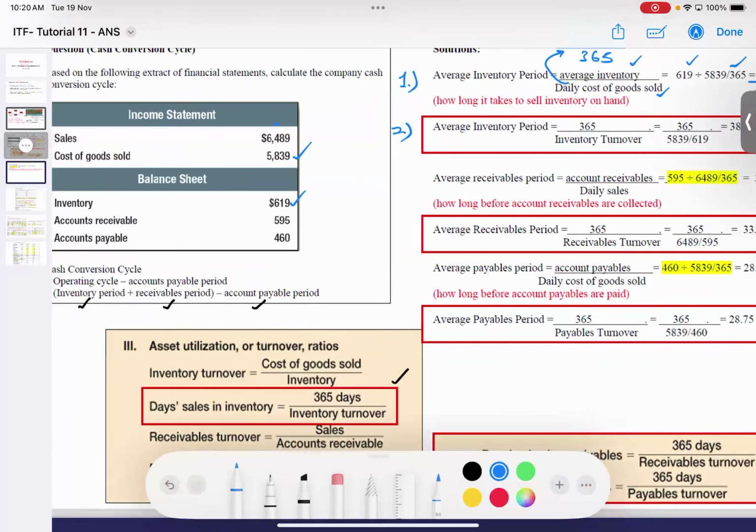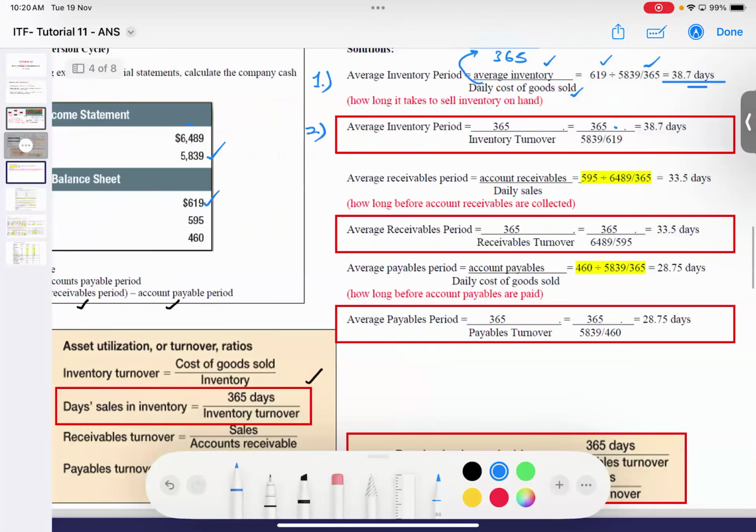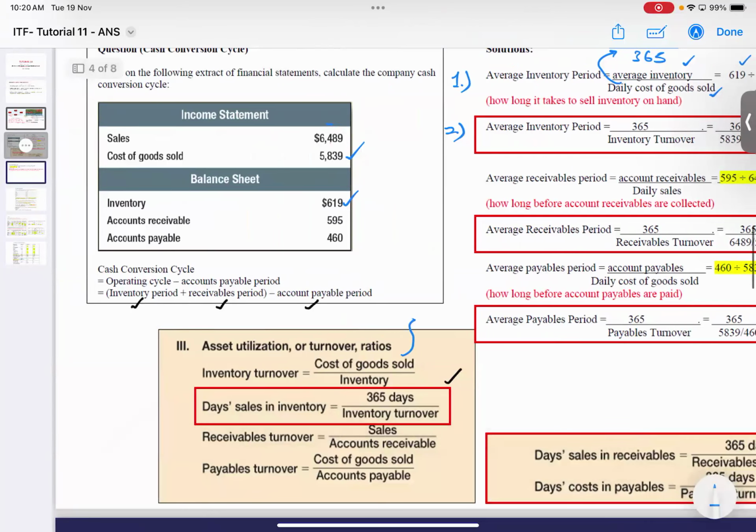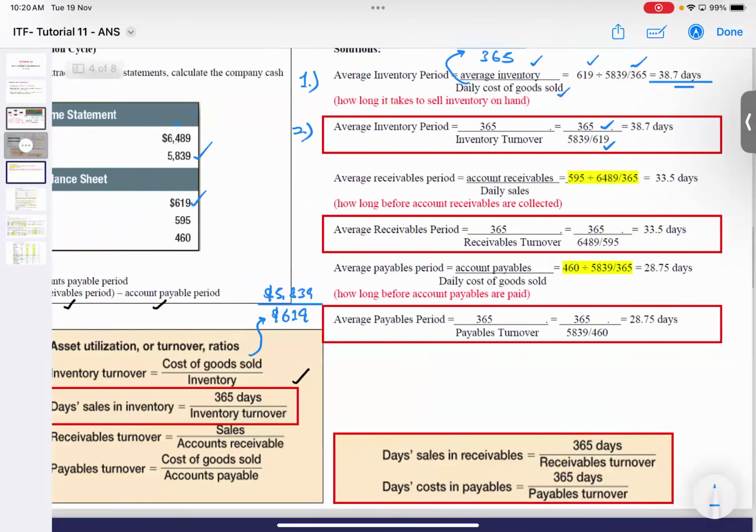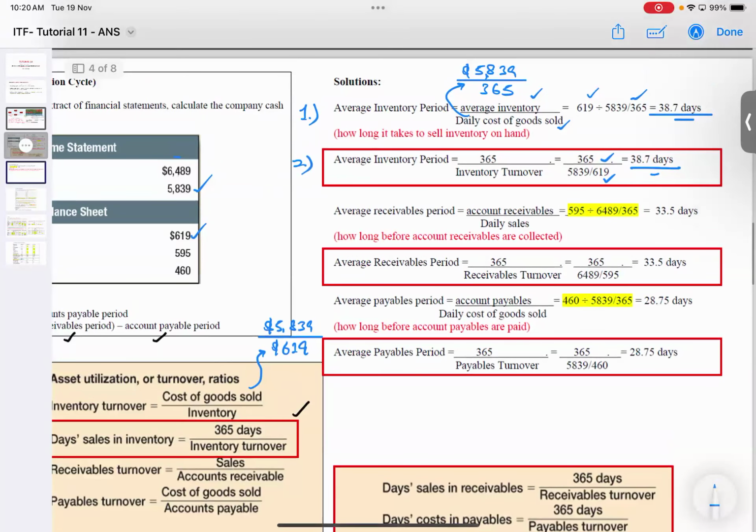You use 365 days divided by inventory turnover. How do you calculate inventory turnover? You use cost of goods sold divided by inventory, which is 619. So you get the denominator and you get the same answers. When you put these two methods together in fraction form, it's the same method of calculation.